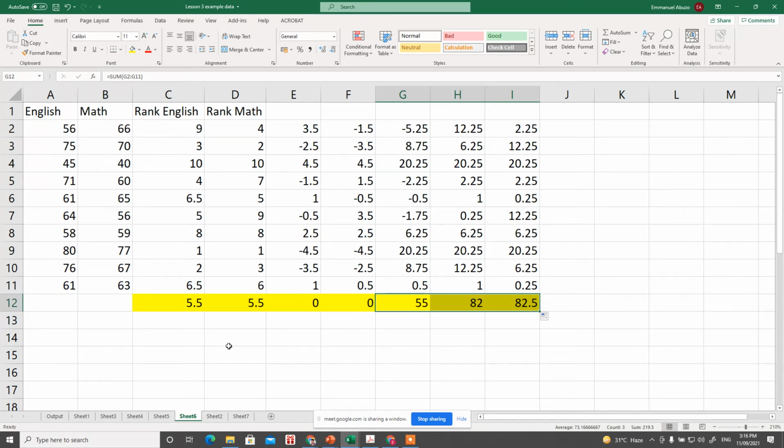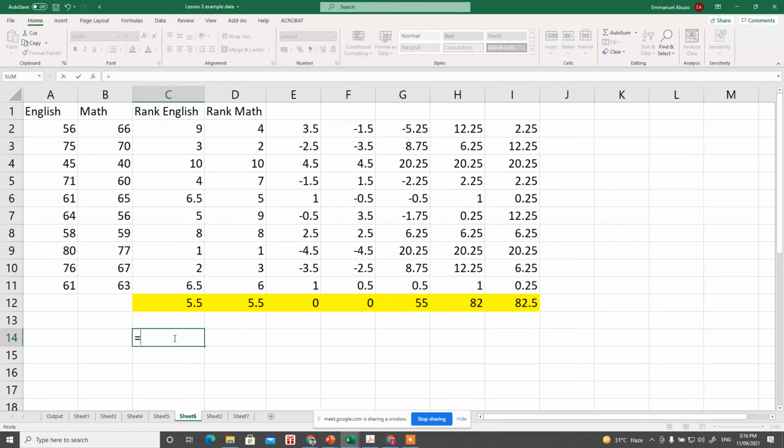So now we can have the formula. For the rho, that is equal to the sum of the product, 55, divided by the square root of the product of the sum of the squared differences times this one.